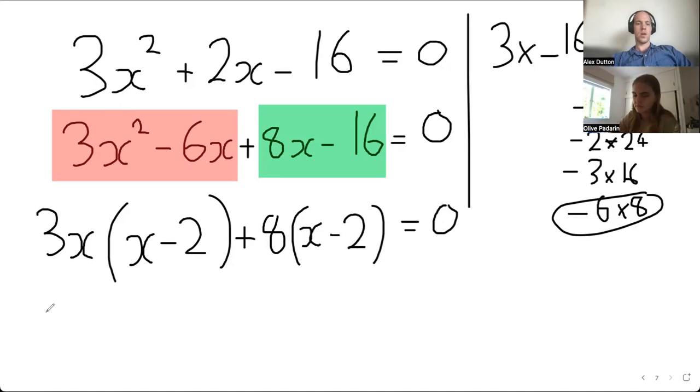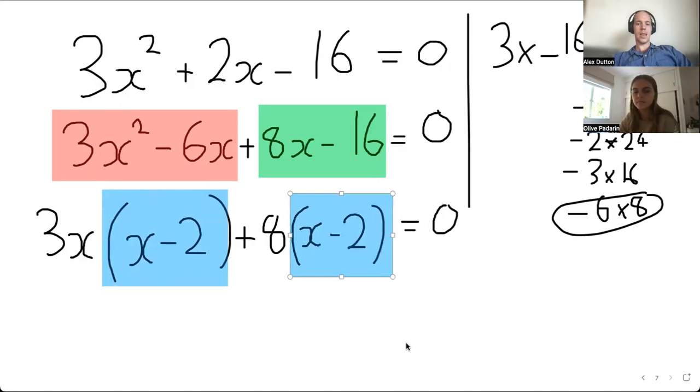Now, can you see we've got another common factor? And the common factor is x minus 2, right? So then we can take that out as a common factor. And you end up with x minus 2 times 3x plus 8.